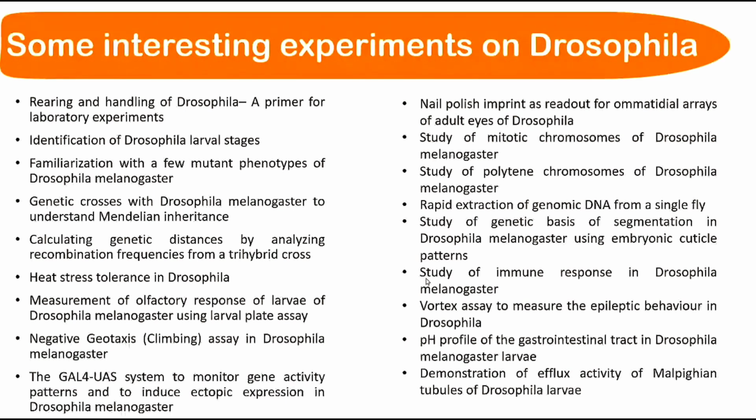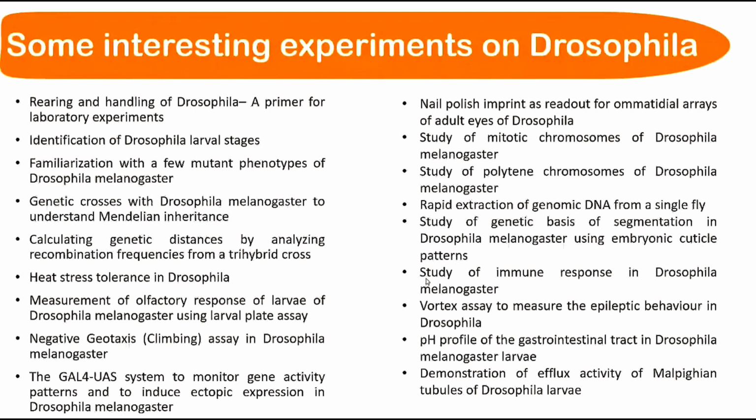And you can perform these interesting things in the laboratory as well, where you can take transparent nail polish and put it on the eye of the Drosophila and slowly peel it off, so that you will see all ommatidia, and you can easily count the ommatidia also, how many hexagonal structures, small units, are there, right?